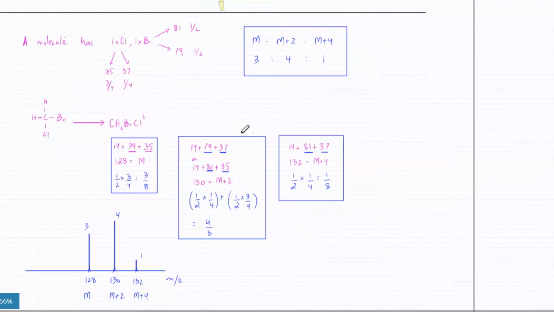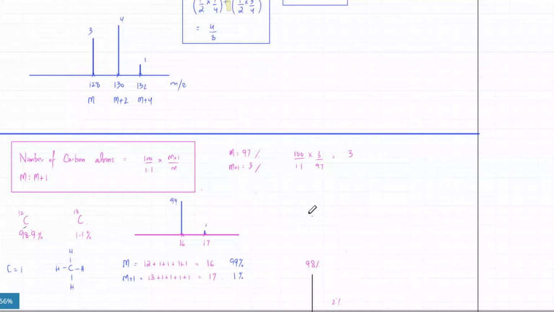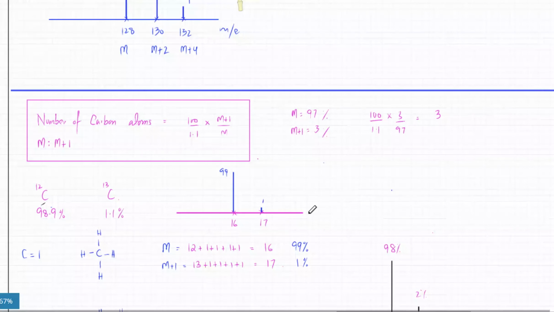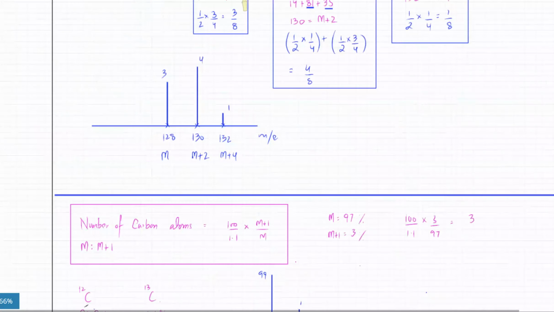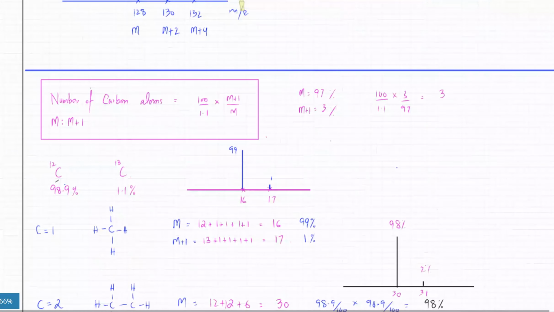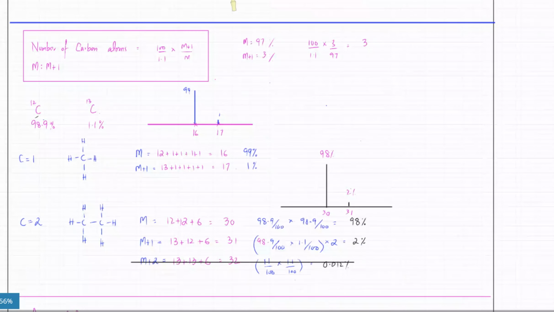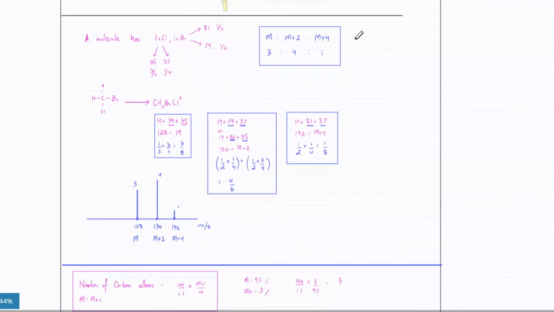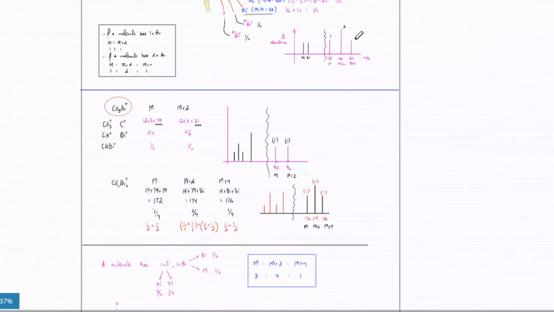Did we do the number of carbon atoms? So we did till Cl and bromine. Okay, we didn't do this, right? Okay, so I'll just sum this up.